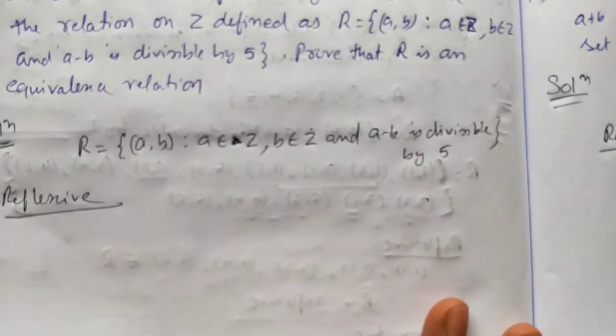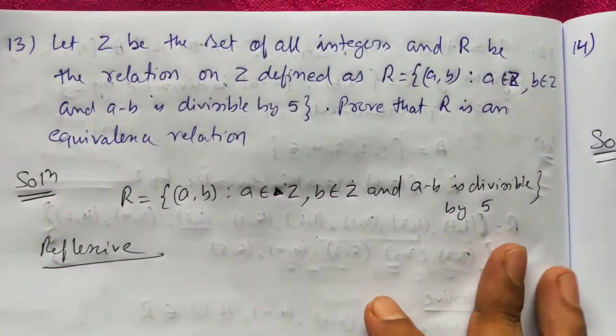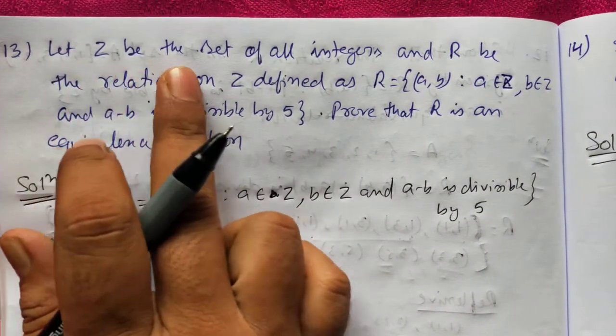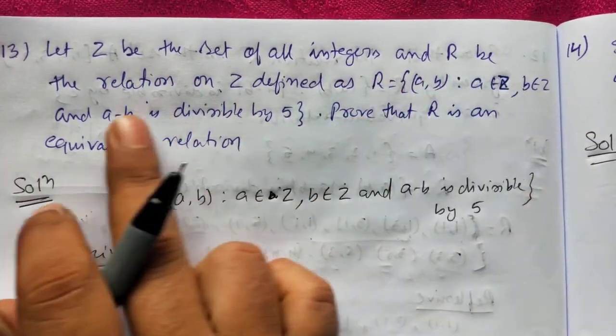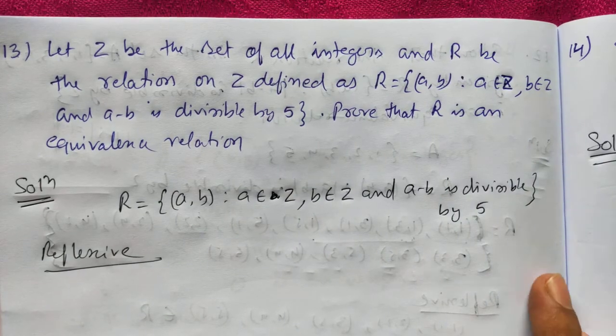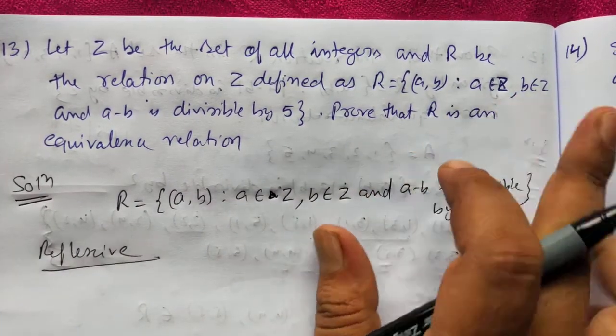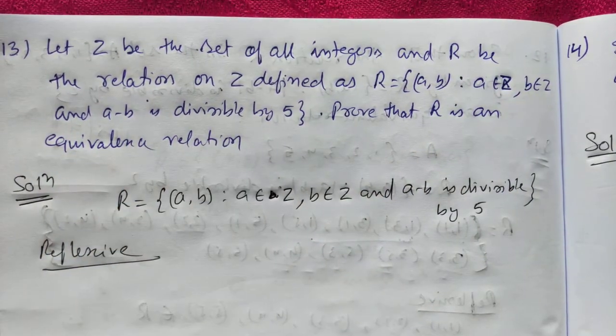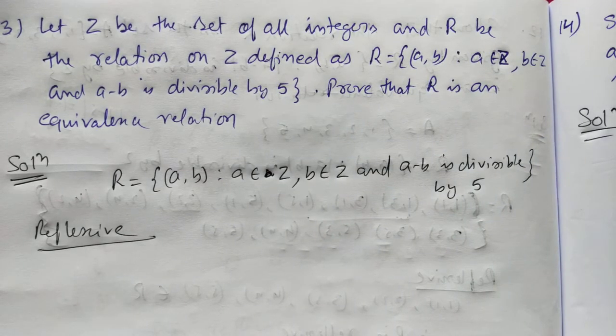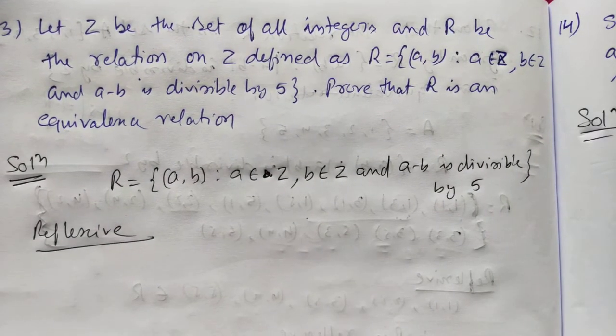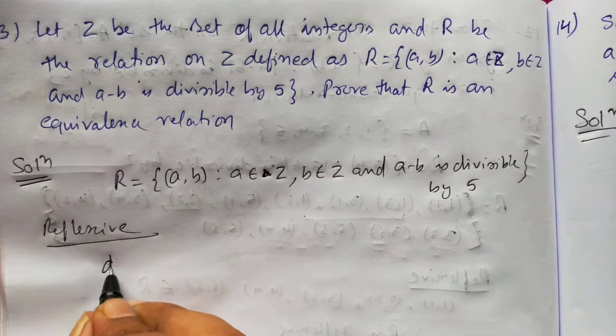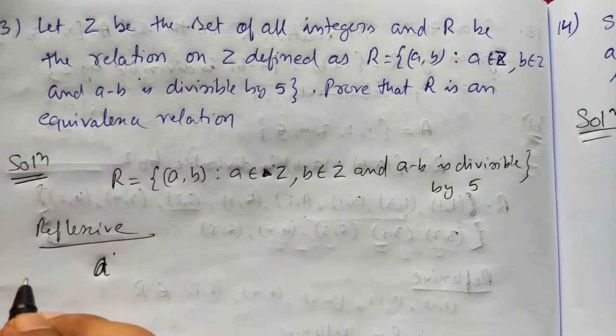Let's do question number 13. Let Z be the set of all integers and R be the relation on Z defined as A R B where A and B are integers and A minus B is divisible by 5. So we have to check whether it's divisible by 5 or not. For reflexive, I can check with the same number.